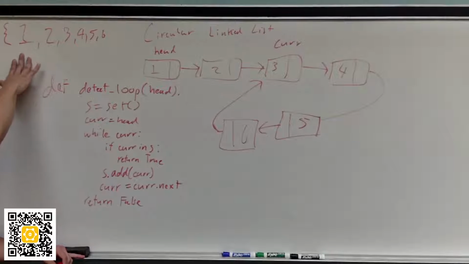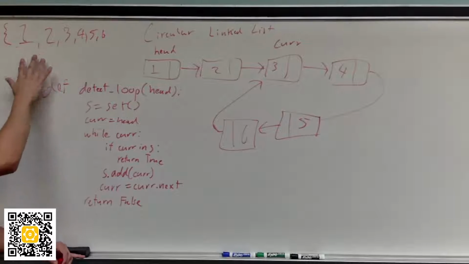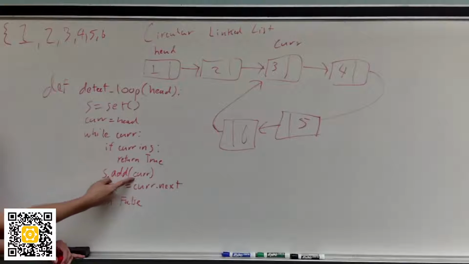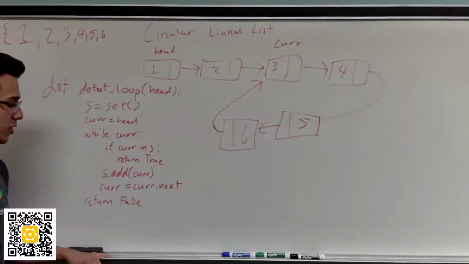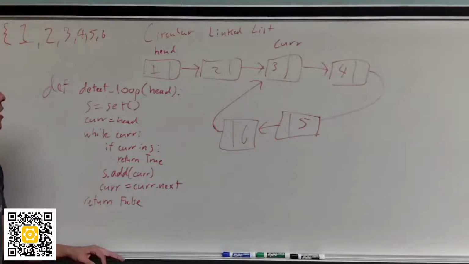I'm trying to add them as nodes, not as actual numbers. Okay, you're adding the object. I'm adding the object of the node, not the actual value. So we're adding the actual node pointer, the node reference. That's what we're doing, not the data value, of course, because they might repeat, and then you get that problem.